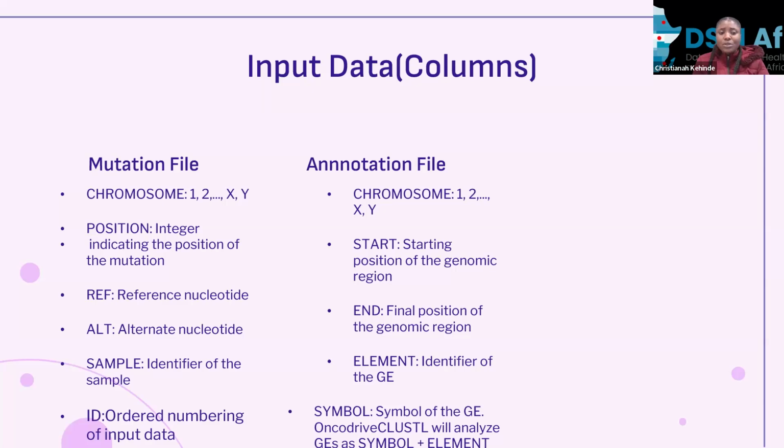Then the mutation file should have the position, that is the integer that indicates the position of the mutation, then the reference nucleotide, the alternate nucleotide, the sample, that is the identifier of the sample, then the ID. So the ID is more like an ordered numbering of your input sample.